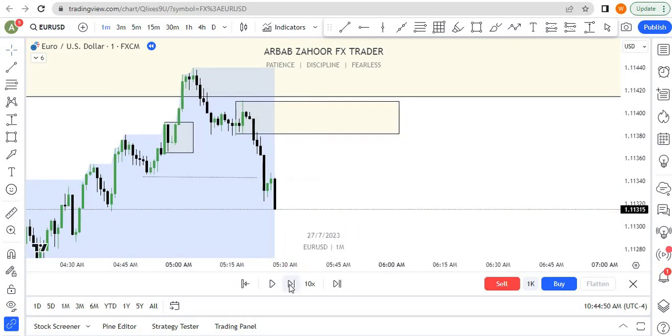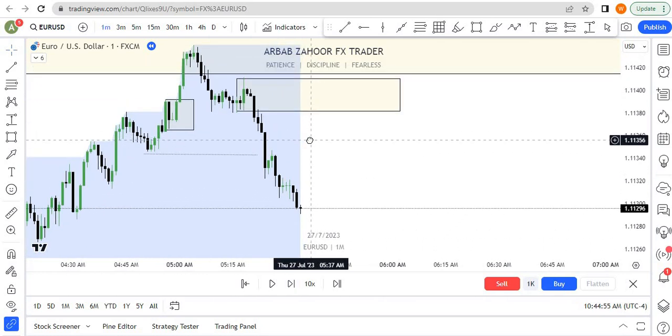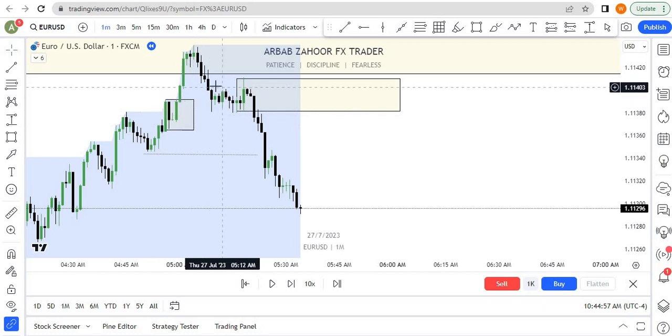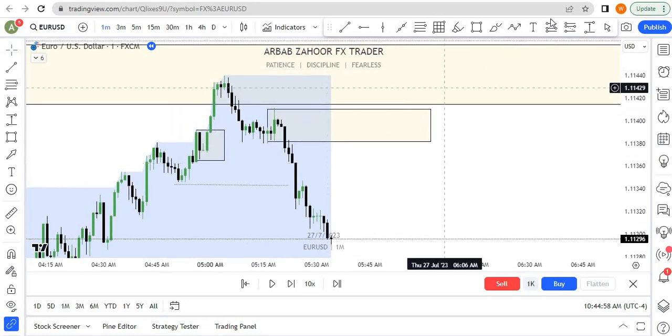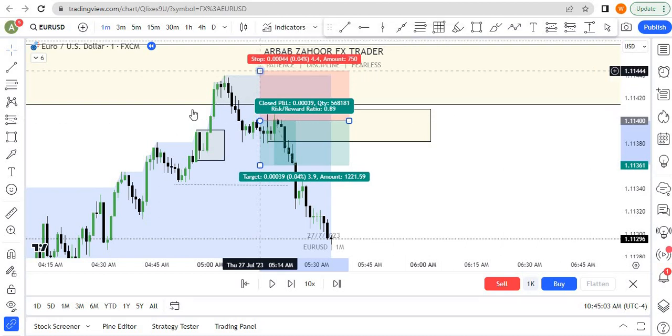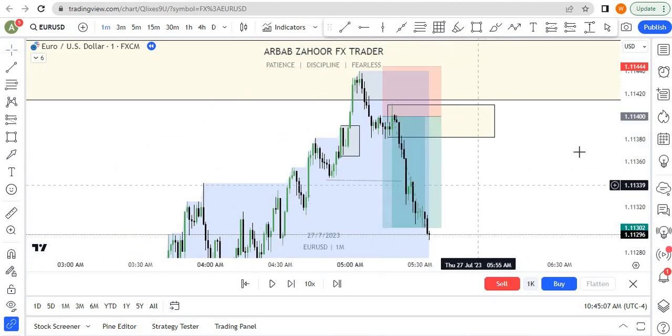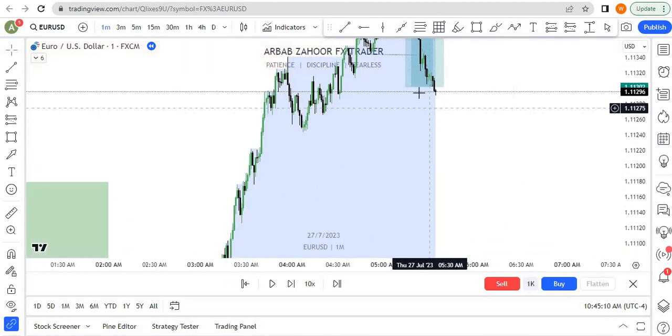Okay, so what happened next, price went downside. But I took the trade in this area aggressively with a spread of 4 or 5 pips, I think 5 pips, and I set the target at the low of the session.